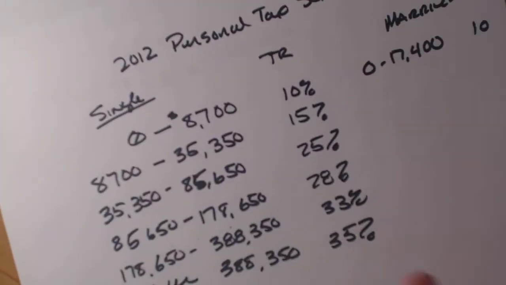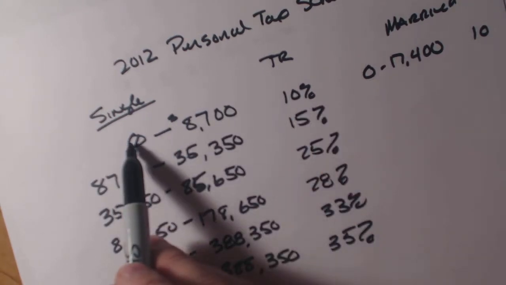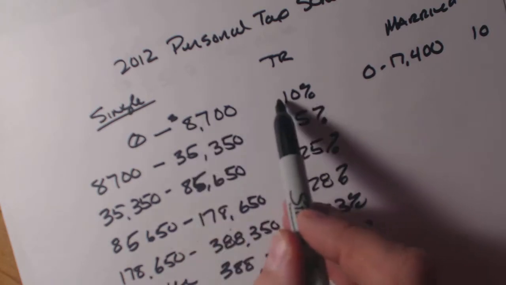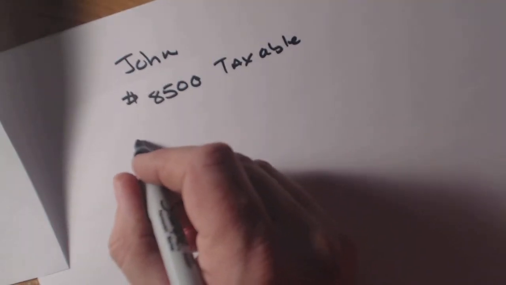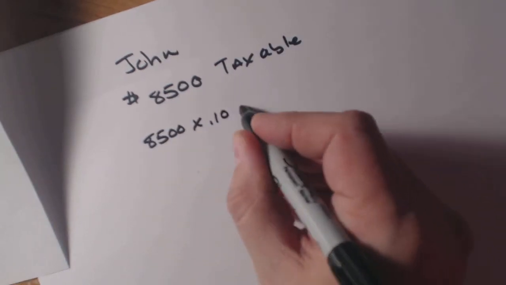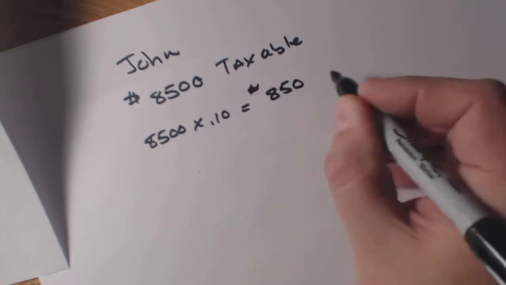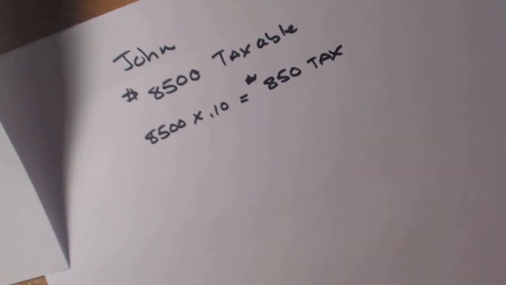Since he's between 0 and 8,700, he would have to pay 10 cents on every dollar that he earned that's taxable. So the calculation is 8,500 times 10%, and he would have to pay $850 in tax.